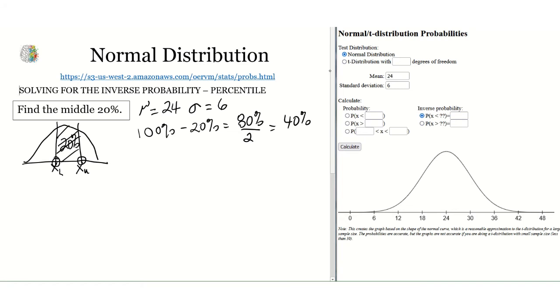So in this white space, I've got 40% on the lower end and 40% on the upper end. So my lower boundary is at 40%, and my upper boundary is going to be at 60% because 40% plus 20% gives me 60%.